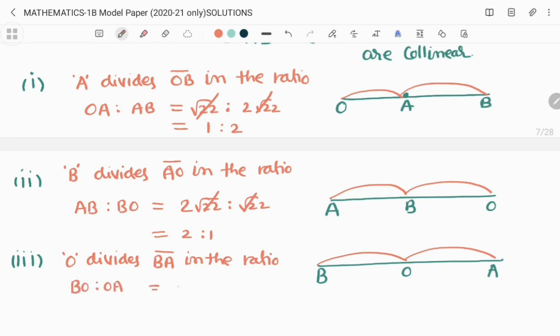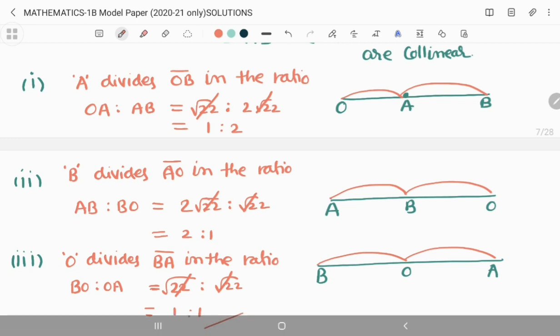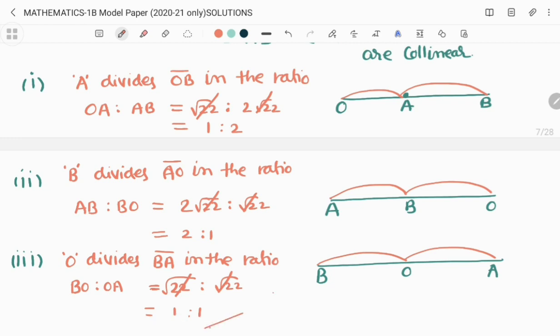What is BO? BO means OB. 2 root 22 is to OA means root 22. So these two will be cancelled. 1 is to 1. These are the required ratios. I hope everyone understands, dear students. We will move to the next question.